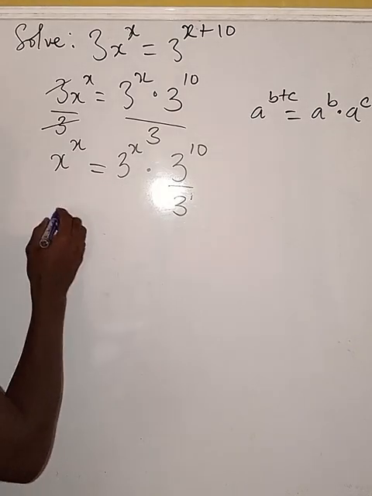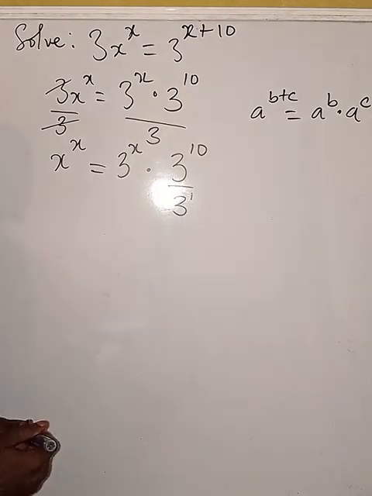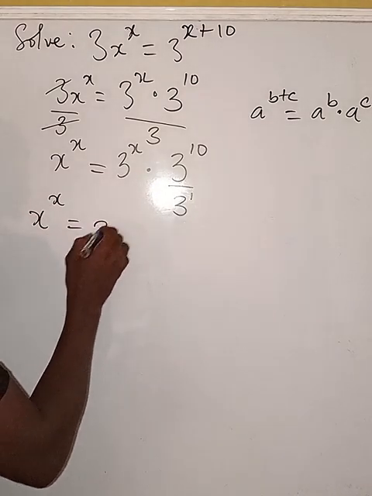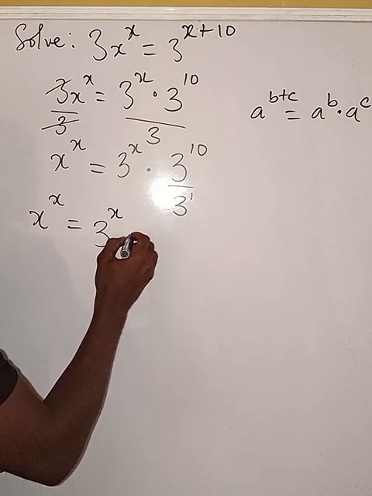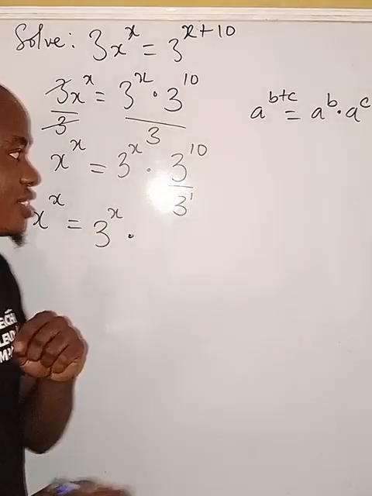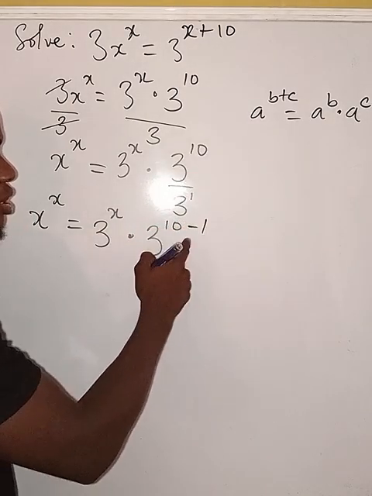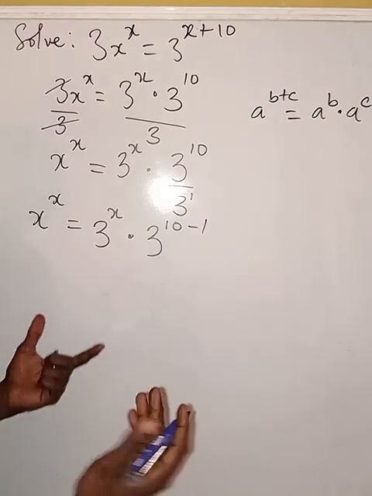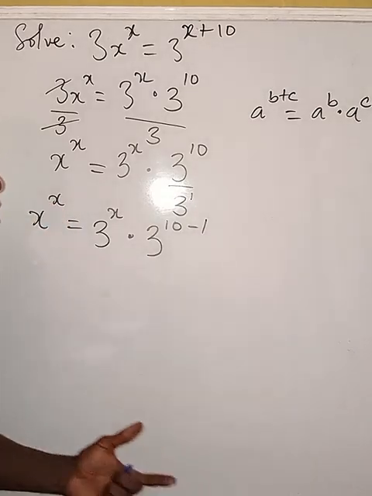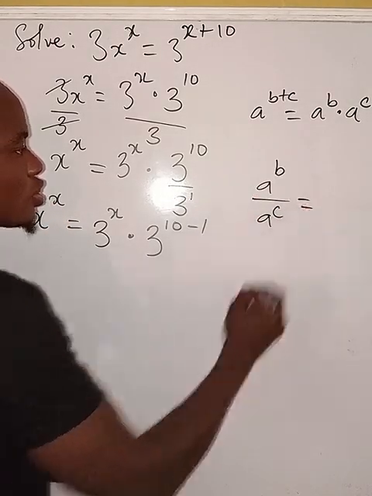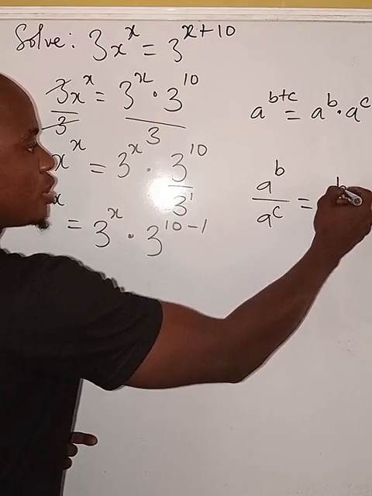So now we have x to the power of x equals 3 to the power of x multiplied by, from the law of indices again, 3 to the power of 10 minus 1. That is from the division of exponents: when you have a to the power of b over a to the power of c, we get a to the power of b minus c.